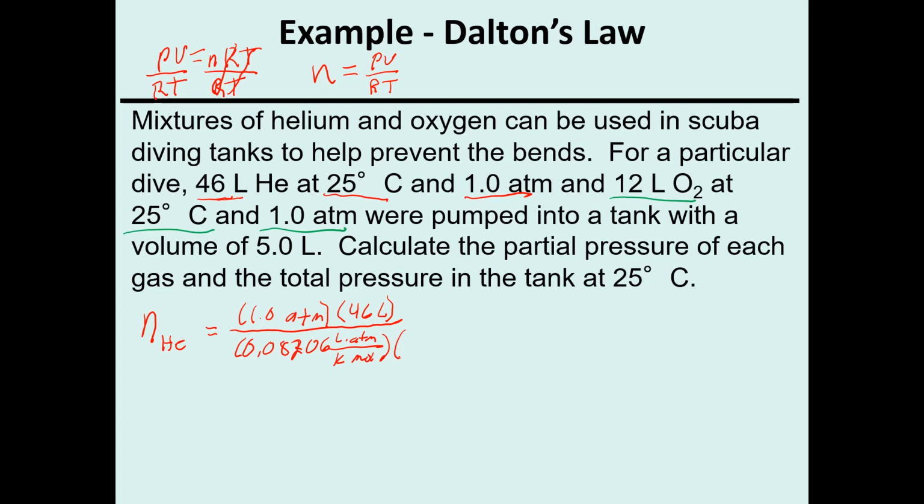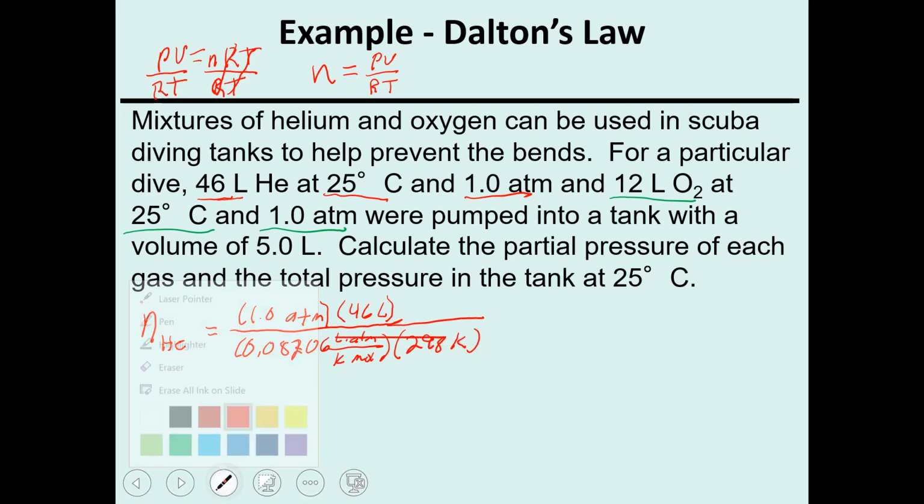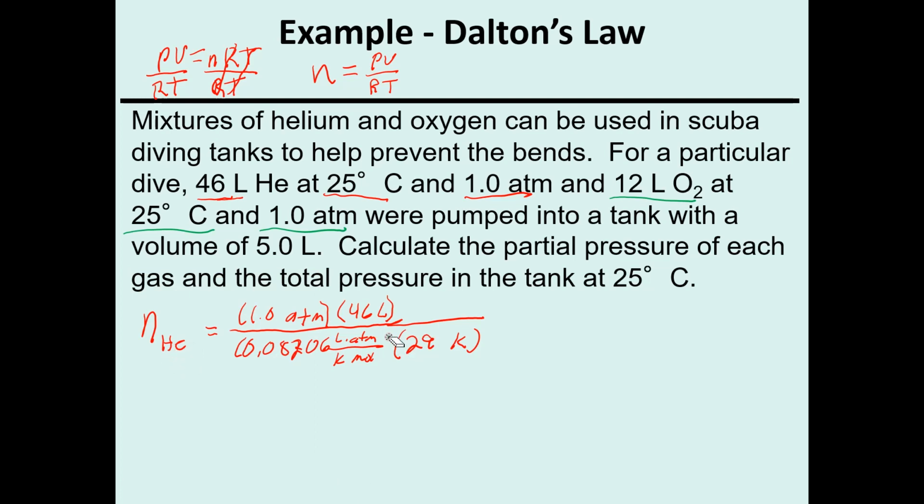And we're given a temperature of 25 degrees Celsius, which is 298 Kelvin. So if we take 1 atm times 46 liters divided by 0.08206 times 298, we get 1.88 moles of helium.